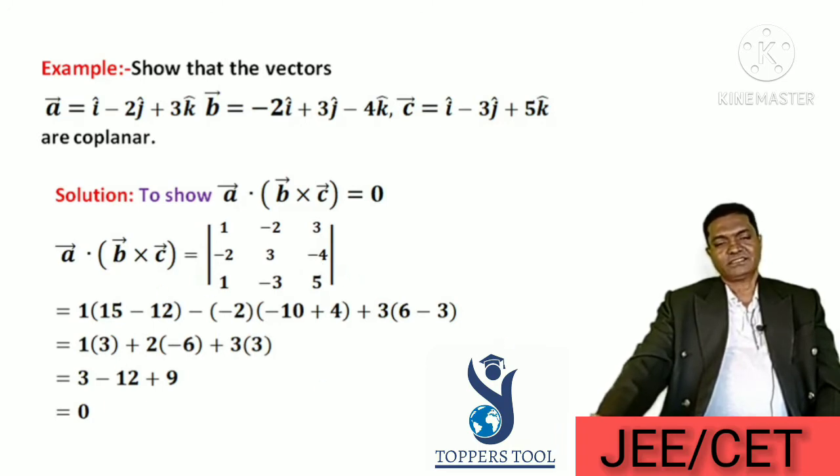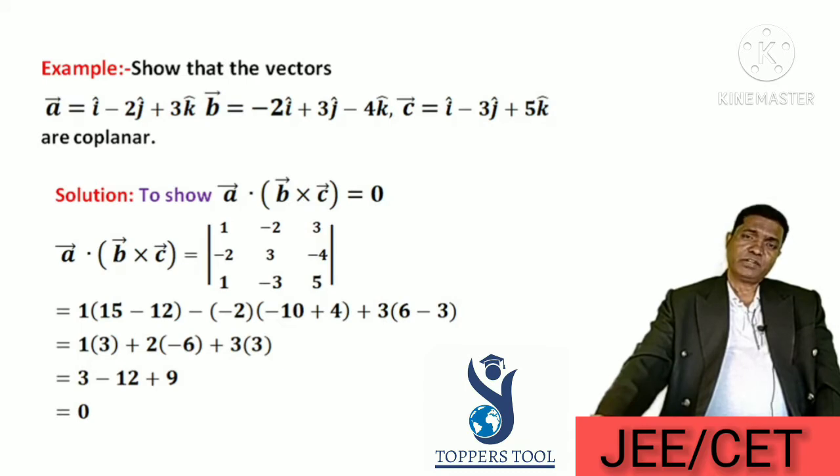Expand it and the expression gives you 0. The scalar triple product being 0 naturally means the volume is 0. So they lie on the same plane because they do not form any parallelepiped. That is the meaning here.